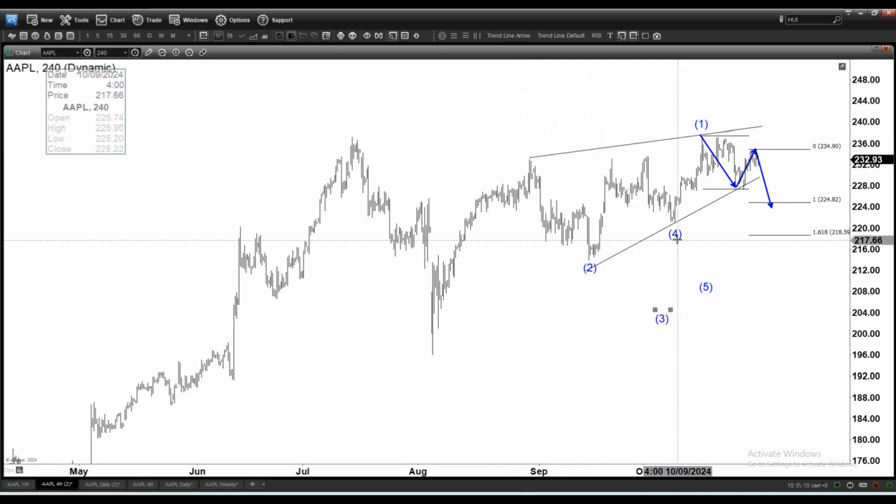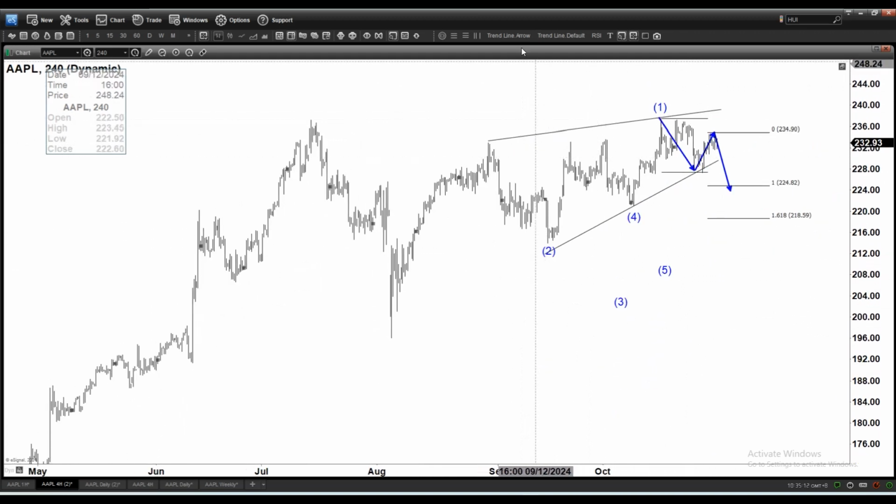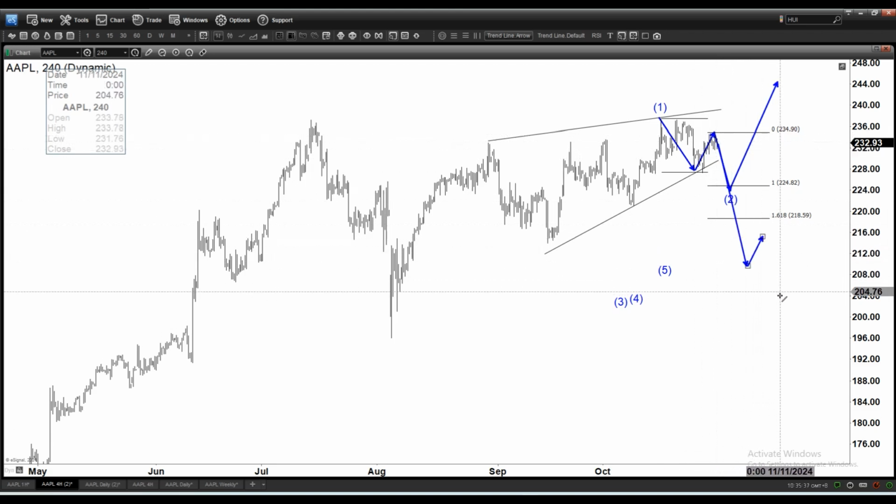You simply just call the cycle from August finished here. It's finished because it breaks the trend line, so probably it's finished. And then you call it this way, right? And then higher again. And then you call this 1 2 3 4 5 ending 1, and then this is 2. So I wouldn't try to label this as a possible impulsive move down, which if I could, then it will be a much bigger sell-off, right?